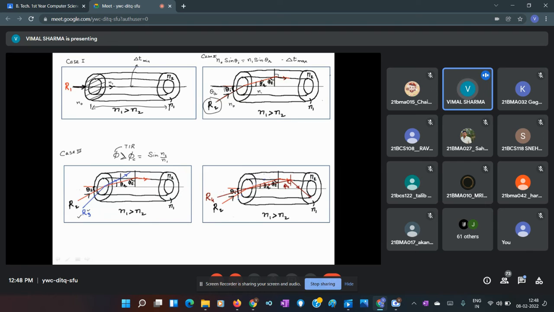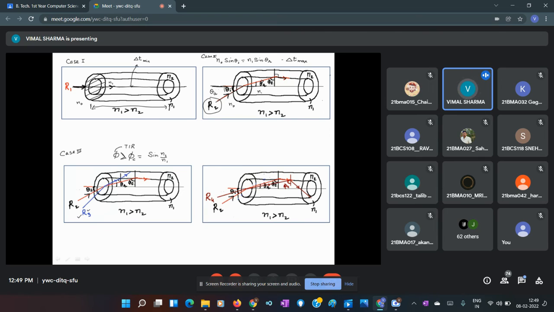And we see that when this blue colored ray strikes the core cladding interface, it makes an angle here less than the critical angle. This is my critical angle, and this angle is less than this phi c.